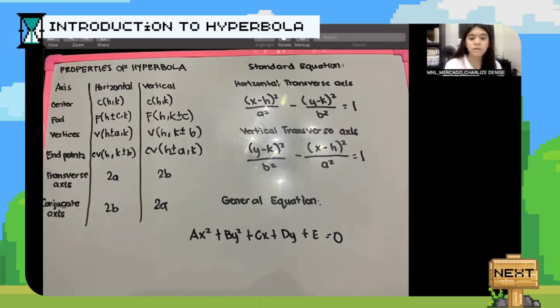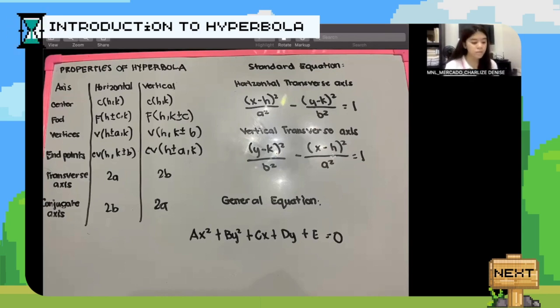For the equation of horizontal transverse axis, we have the quantity x minus h squared over a squared minus quantity y minus k squared over b squared is equal to 1. For vertical transverse axis, we have quantity y minus k squared over b squared minus quantity x minus h squared over a squared is equal to 1.